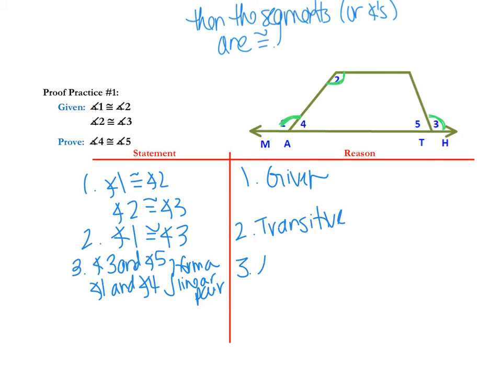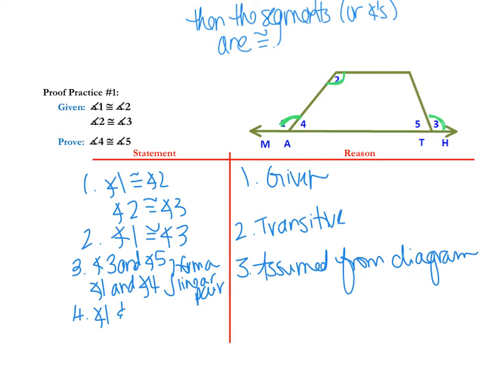And we can say that's assumed from the diagram. Okay. Well, what do we know about linear pairs? Well, 1, that they're adjacent, and 2, that they are supplementary. So angle 1 and angle 4, and angle 3 and angle 5 are supplementary.